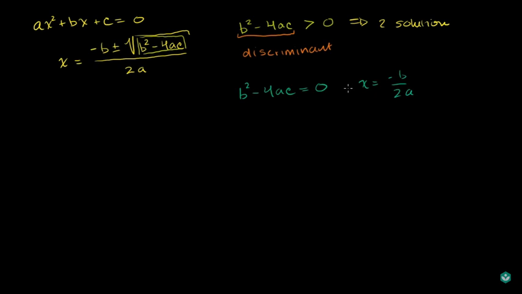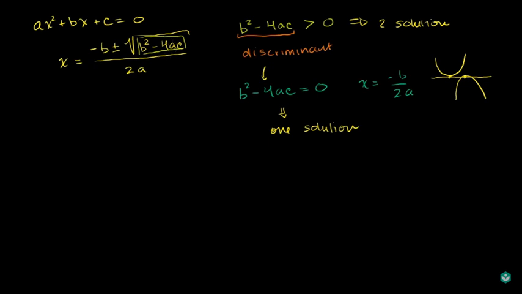So if the discriminant is equal to 0, you only have one solution. And that solution is actually going to be the x-coordinate of the vertex, because you're going to have a parabola that just touches the x-axis at exactly one point when b squared minus 4ac is equal to 0.